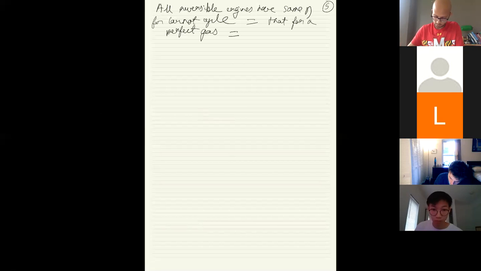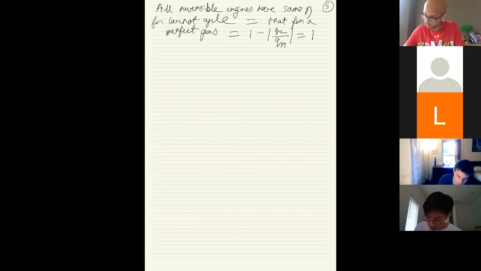This efficiency is going to be 1, and we know the efficiency is defined by 1 minus QC by QH, and we just showed that for a perfect gas cycle, this is equal to 1 minus TC by TH.